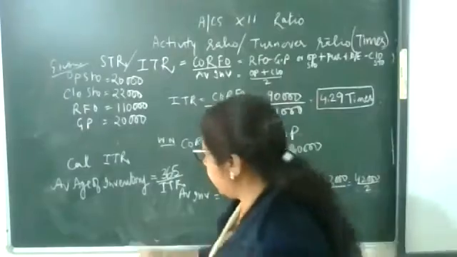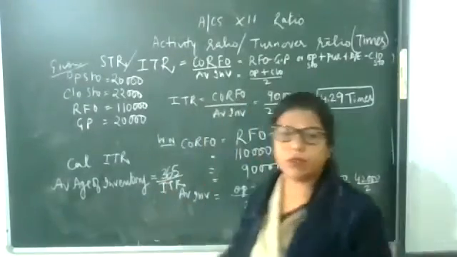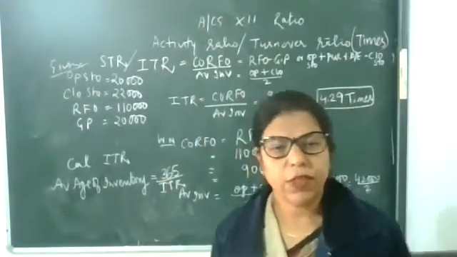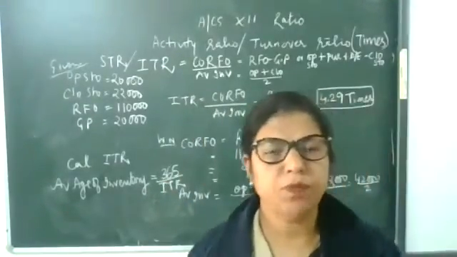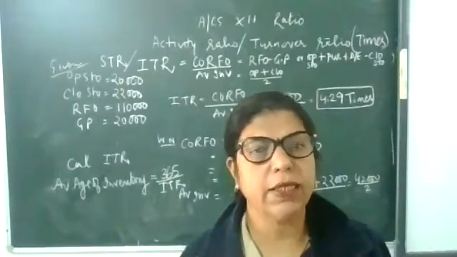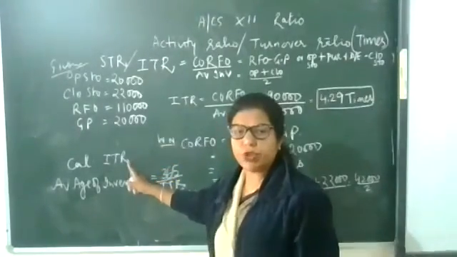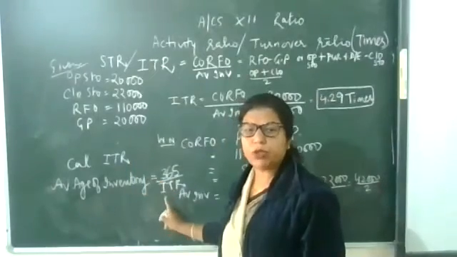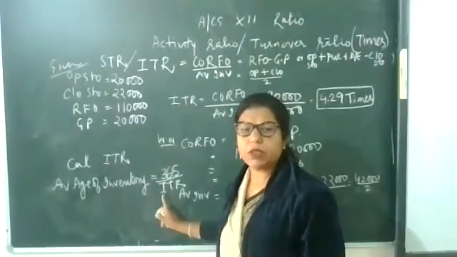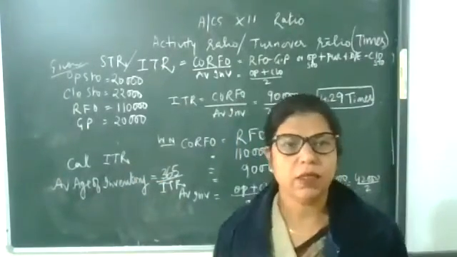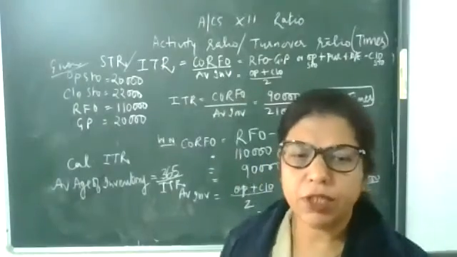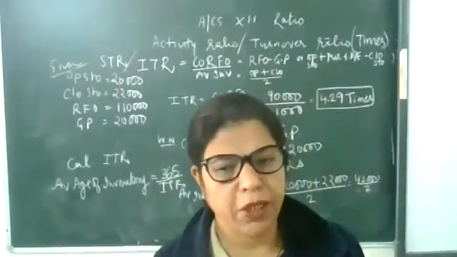So then the answer will be this. If it is days, then we will keep 365 upon ITR. Means the calculation which you have done, the previous calculation, the answer, inventory turnover ratio, you can put as denominator.